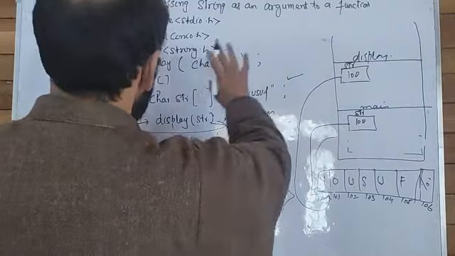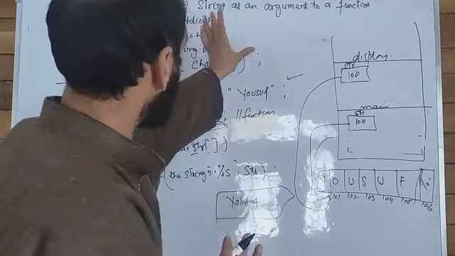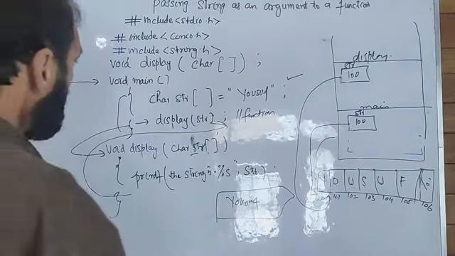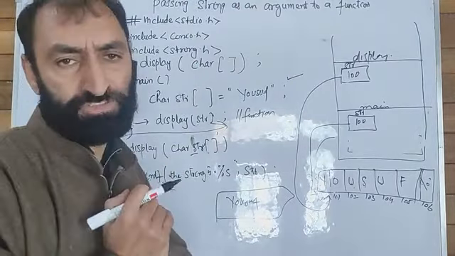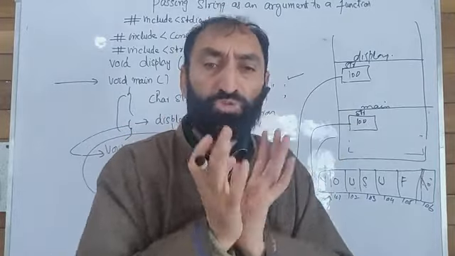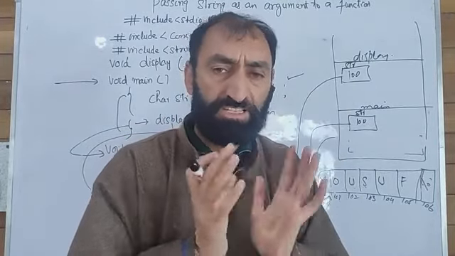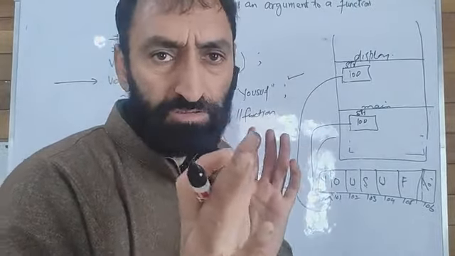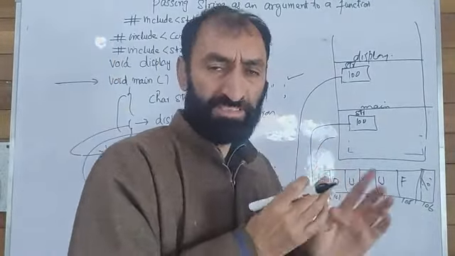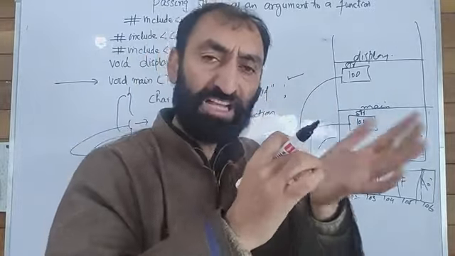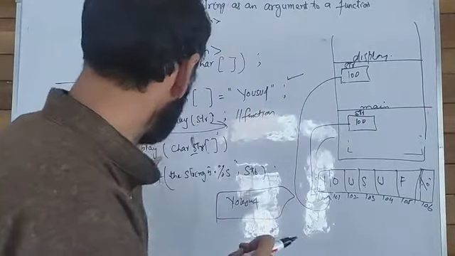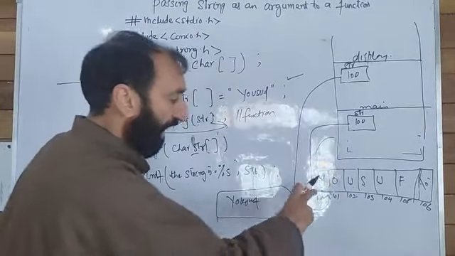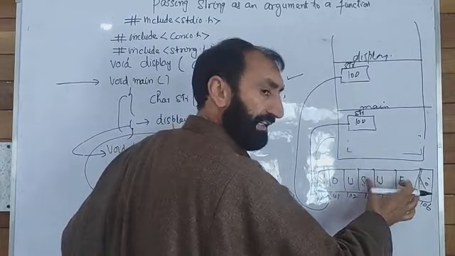So let us now modify this program. For example, we want to pass two strings to a function as arguments, str1 and str2. While passing the string, calculate the length of the string, that means how many characters are present in that string.